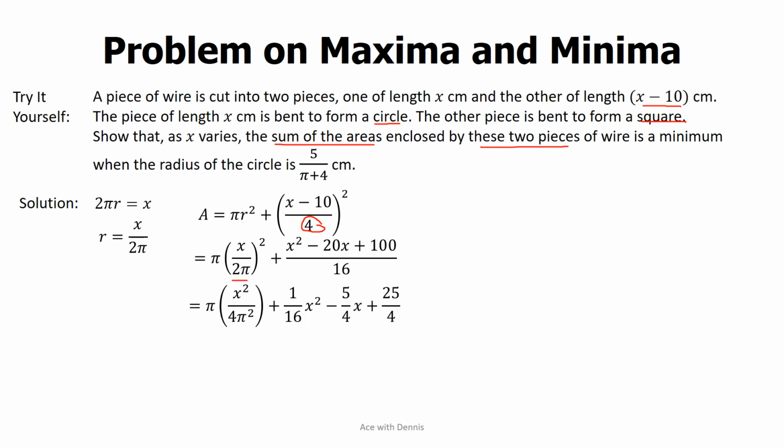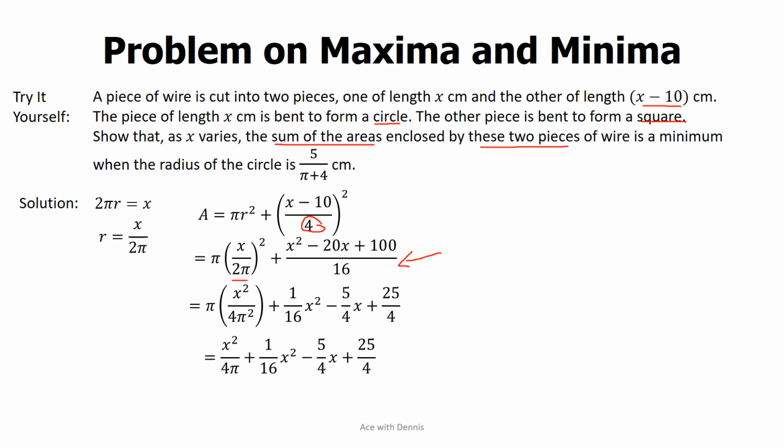Then we can try to simplify. Firstly, for the pi r squared here, we expand the bracket, we get pi times x squared over 4 pi squared. And the fraction here, we break into 3 fractions, which is 1 over 16 x squared minus 5 over 4 x plus 25 over 4.